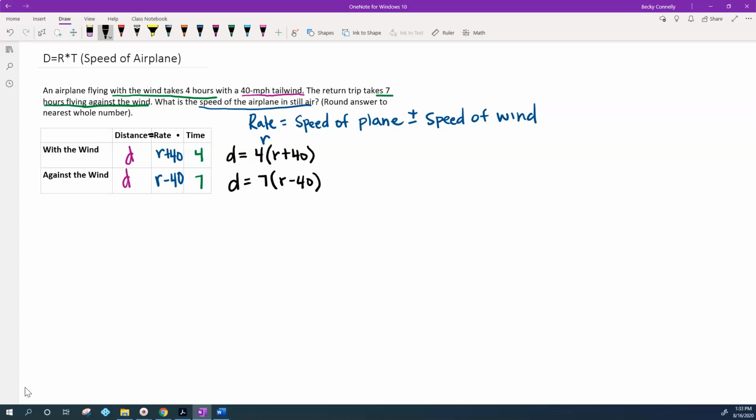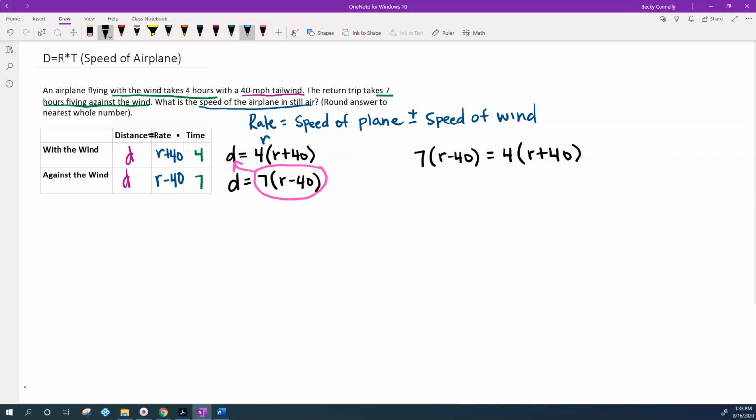And so on this one, I would use the substitution method to solve this, remembering that D equals all of this. So I can put all of that in place of D in my first equation. So let's write it down that way. So I have 7 times R minus 40 equals 4 times R plus 40.